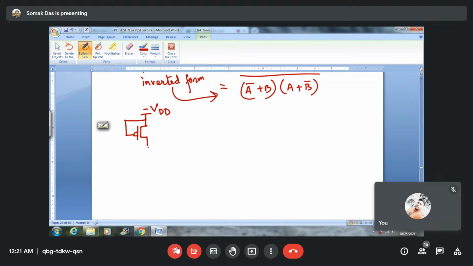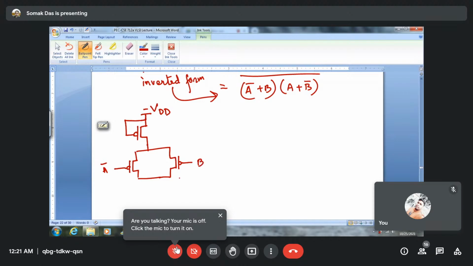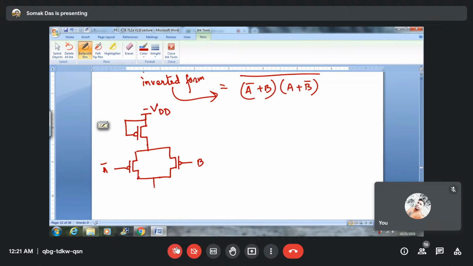So ultimately, first expression, A bar plus B. Then it is cascaded with another small expression called A plus B bar. So you cascade that and create another two parallel branching into A and B bar.